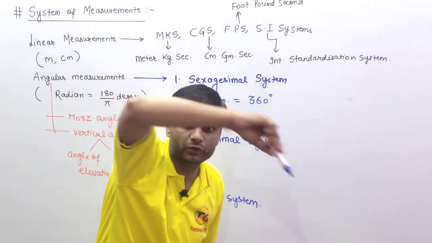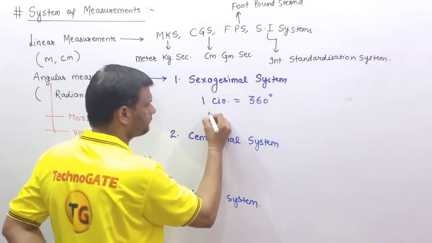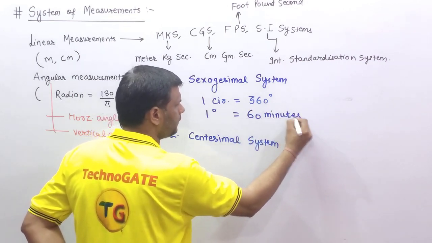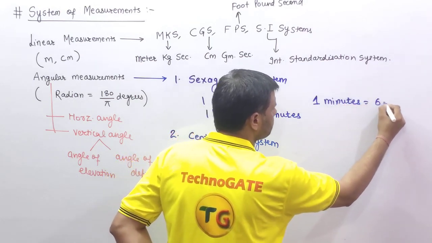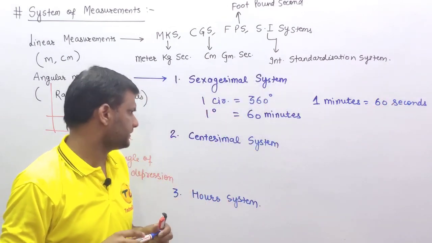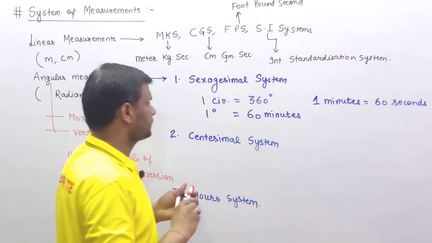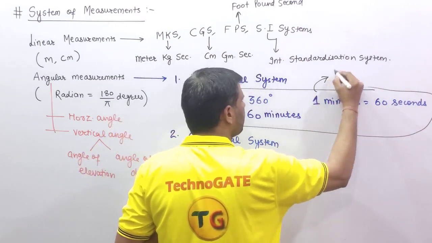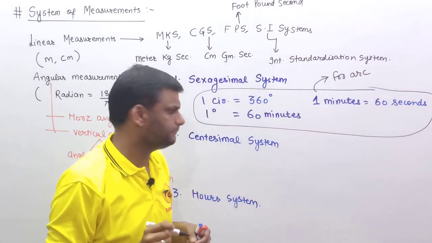Means if I complete one circulation, one rotation, one circumference, that is equal to 360 degrees. 1 degree equals 60 minutes and 1 minute equals 60 seconds. But here confusion occurs: these minutes and seconds are of arc or of time? So please be careful. This one is applicable for arc, means for rotation, not for time.